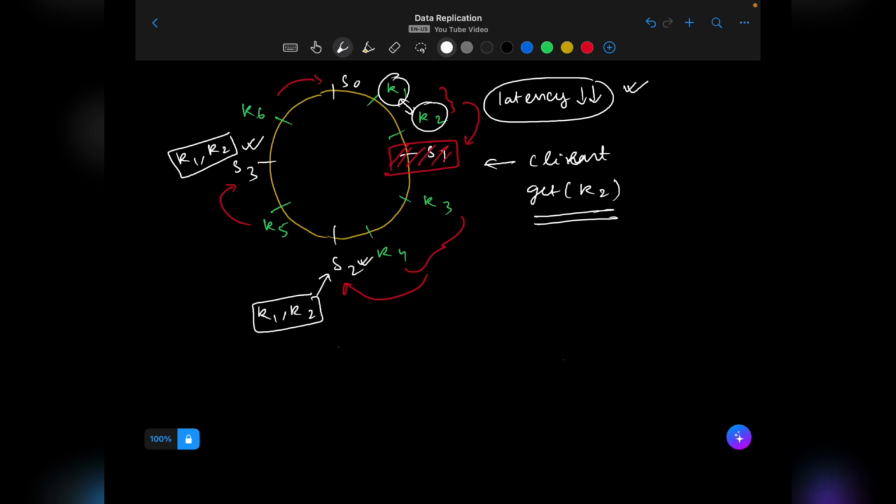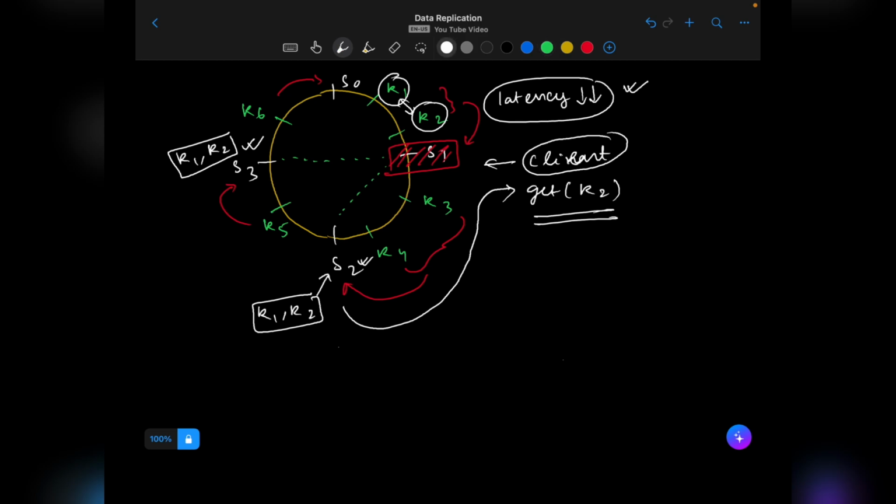So server 2 gives back the data with some logic implementation, and the client receives the data. What we have done is replicate these keys to server 2 and server 3 whenever we were writing these keys to server 1.